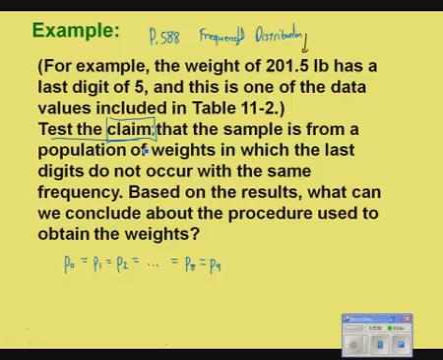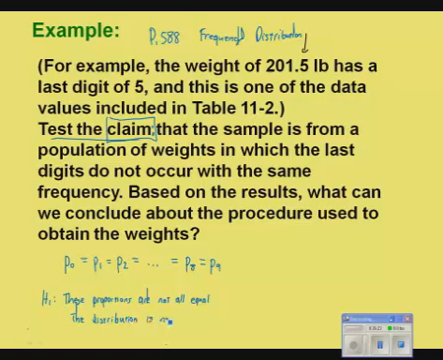The claim H1 that we're testing is that these proportions are not all equal. In other words, the distribution is not what?